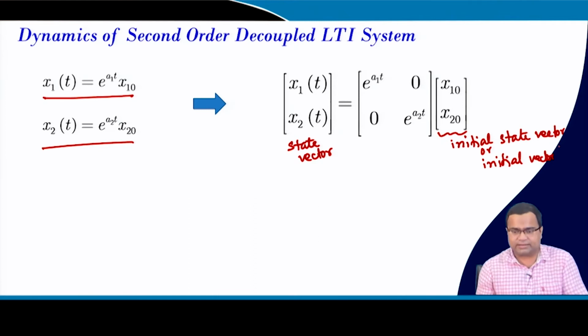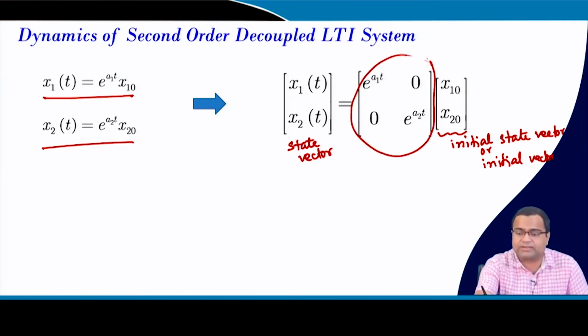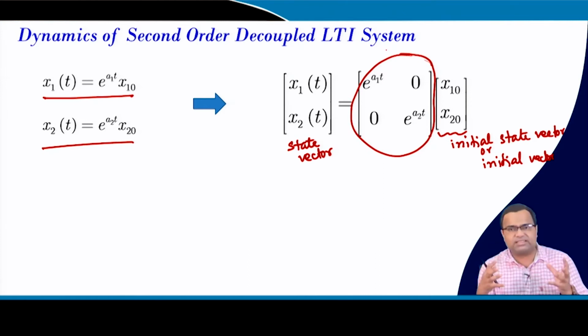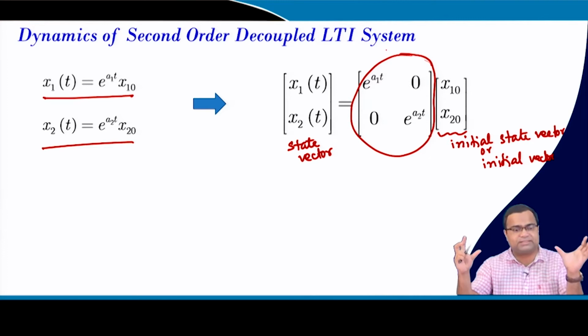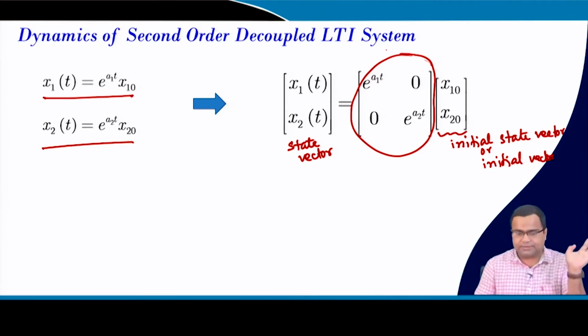Now, it looks like a square matrix and it is a decoupled system because each individual subsystem does not depend on the other, that means they are totally separated.